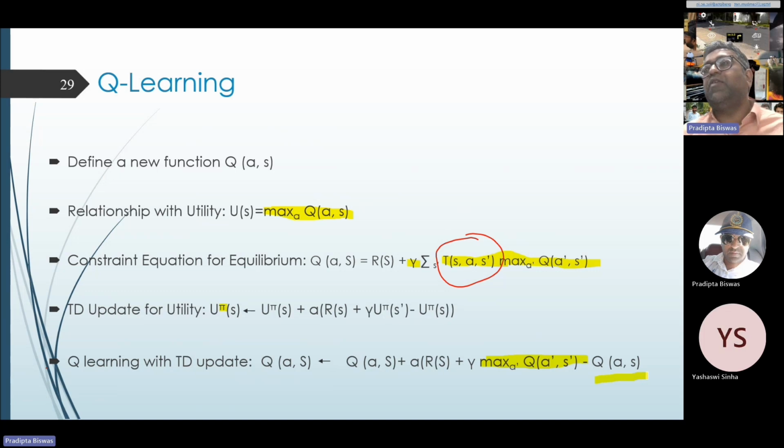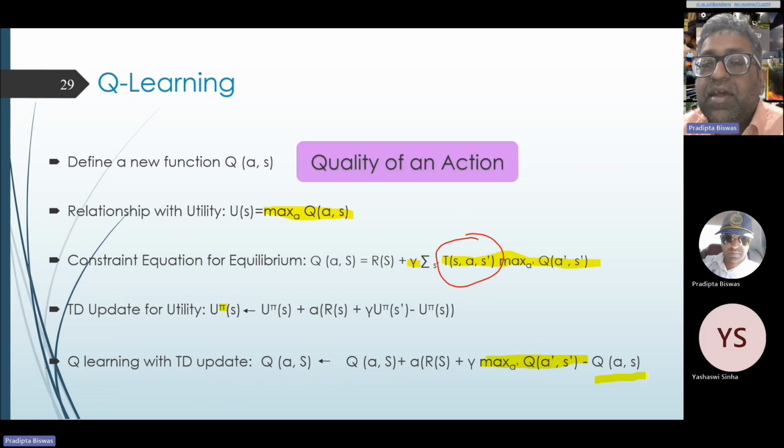I am just solving it for the local neighborhood where the action I am taking. And what is Q? I think it will make more sense now. Q is just telling you the quality of an action. You can see on the second bullet point that the utility is the max over actions, the best action in the possible state. So Q stands for quality.